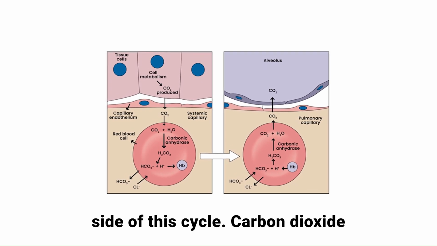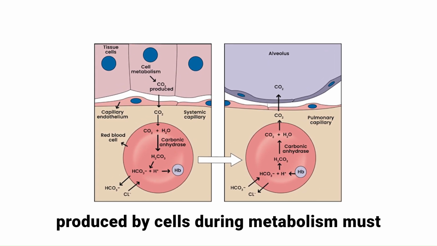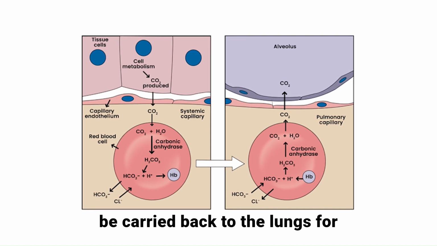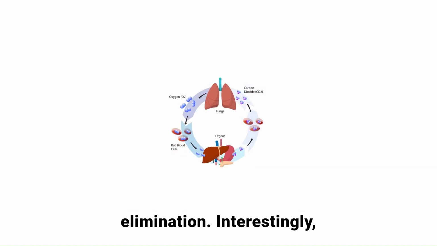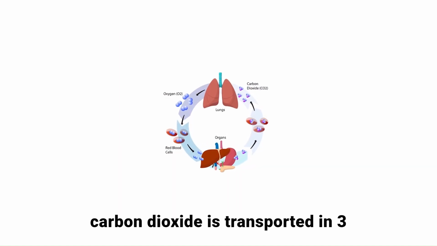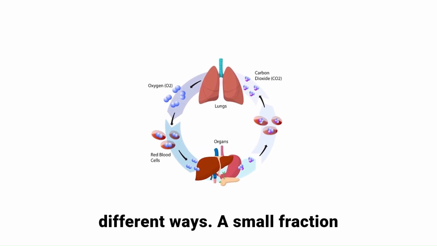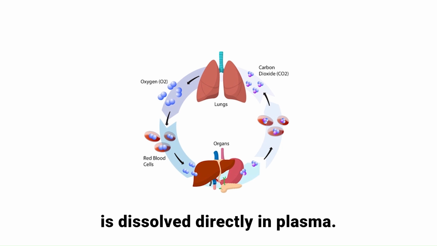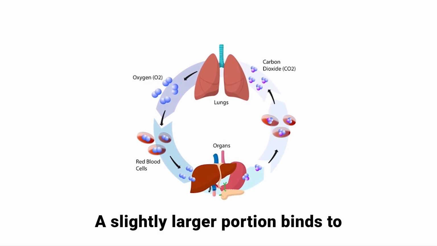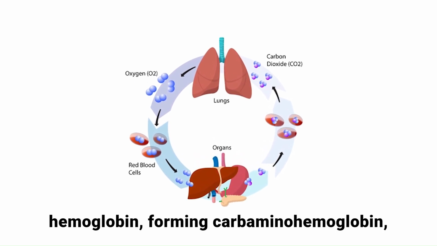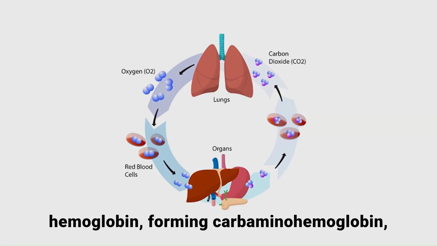On the other side of this cycle, carbon dioxide produced by cells during metabolism must be carried back to the lungs for elimination. Interestingly, carbon dioxide is transported in three different ways. A small fraction is dissolved directly in plasma. A slightly larger portion binds to hemoglobin, forming carbaminohemoglobin.